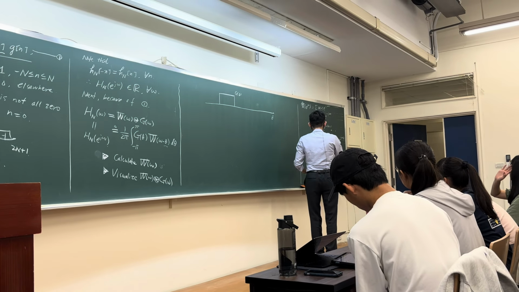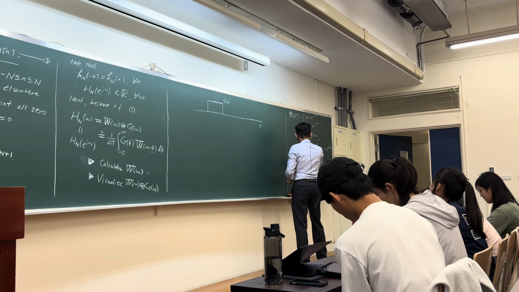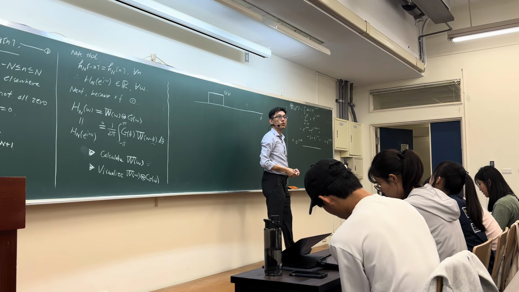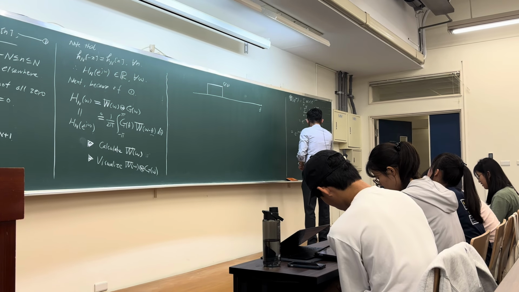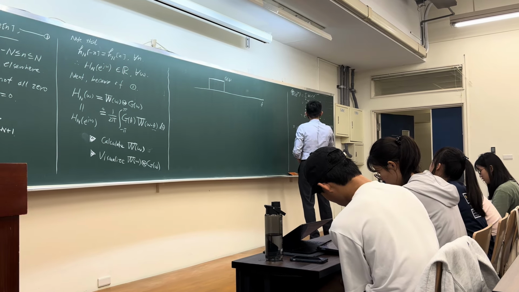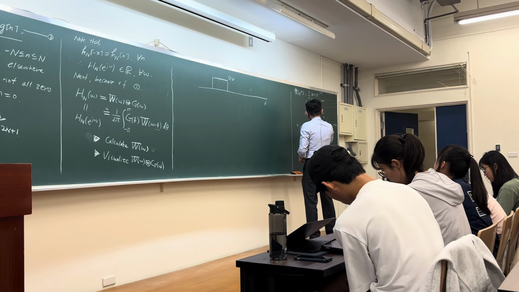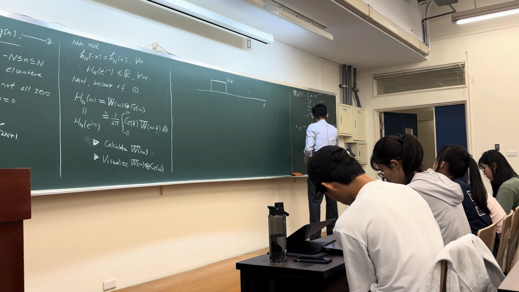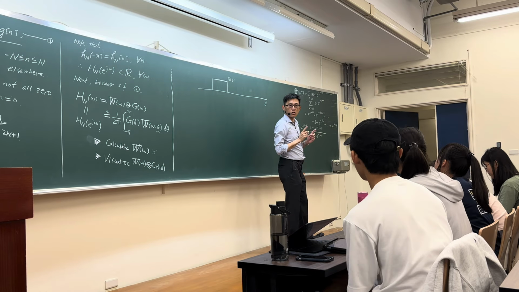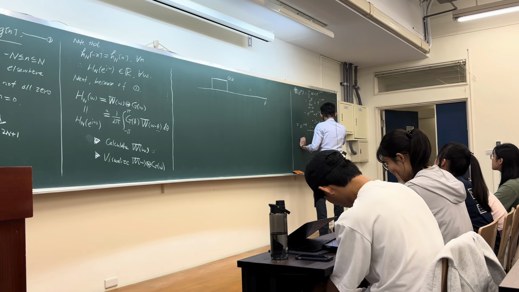Where the first term is e^{jωN}, and we just apply the formula of the geometric series: 1 minus the ratio to the power of the number of terms, over 1 minus the ratio, where the ratio is e^{-jω}. How many terms do we have? We have 2N plus 1 terms, so just put in 2N plus 1 right here.